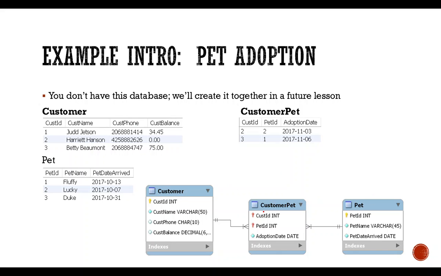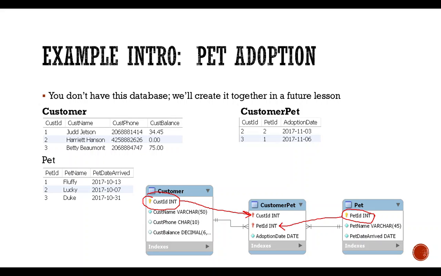Now we may have something like this. If so, remember to pay attention when you're working with these scenarios. Remember that here we have a primary key, and that's going to link to the data that's here in the linking table. Then over here we have the pet ID, that's the primary key over here, and that's going to link to the data that is right here. We have to make sure that we understand those linkages when we're working with multiple tables and doing a join.